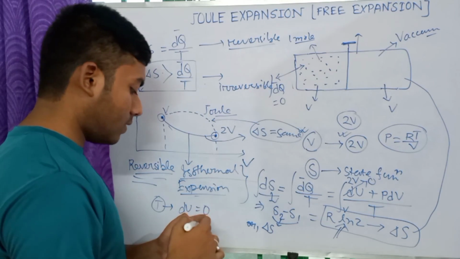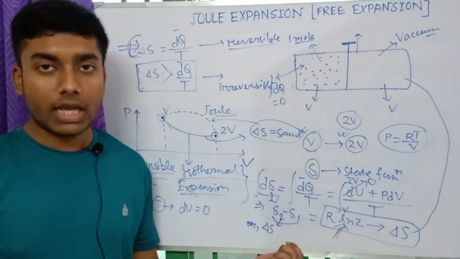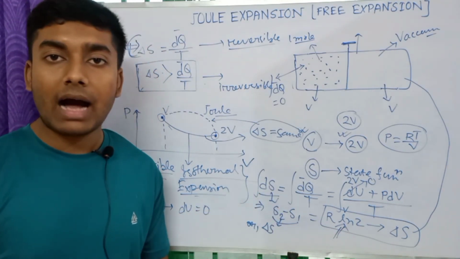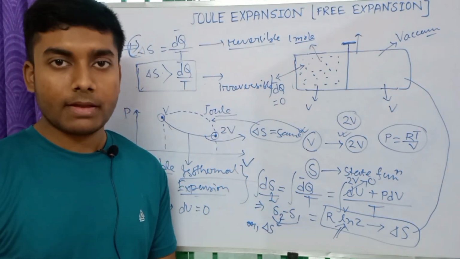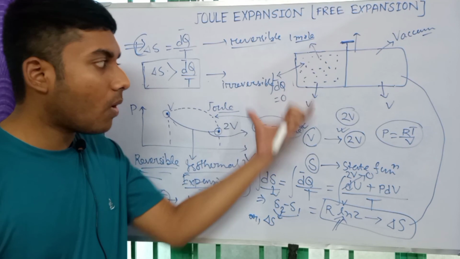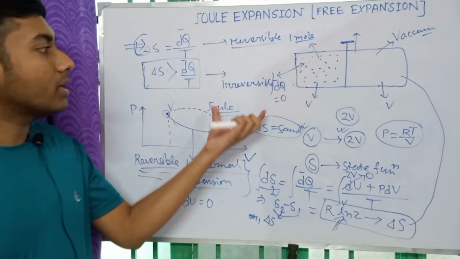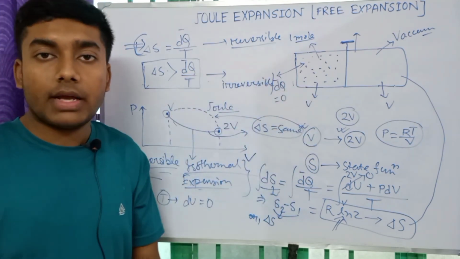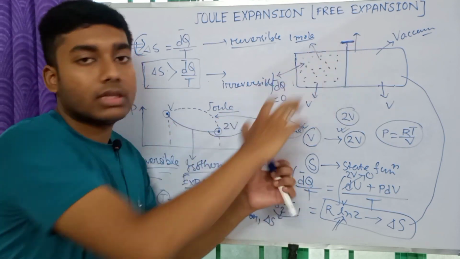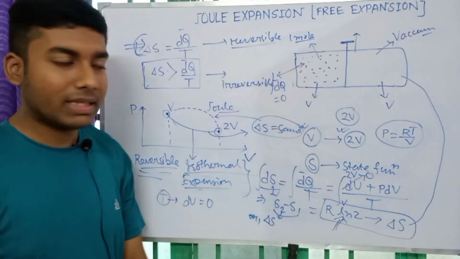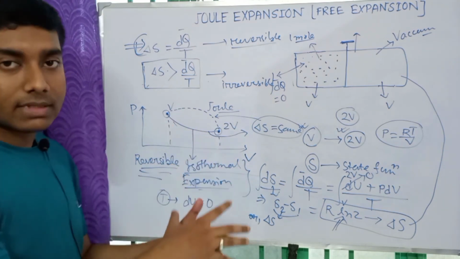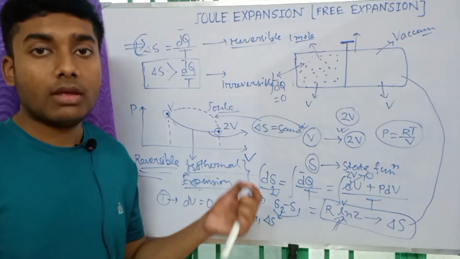So for our Joule expansion, the change in entropy will always be R ln 2, where R is the universal gas constant. I think you have understood how we can find the entropy for this irreversible Joule expansion by another process between the same two endpoints.